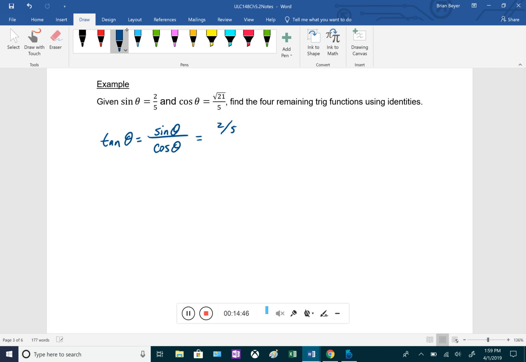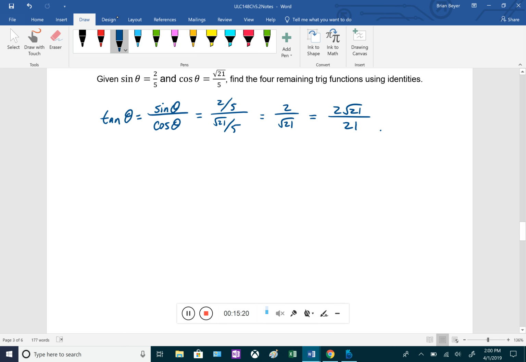So we can just plug in those values. It's 2/5 over radical 21 divided by 5. The 5s end up canceling. You could do this as keep, change, flip: keep the numerator the same, change to multiplication, reciprocate the denominator. We would end up getting 2 over radical 21. Rationalize that denominator, we get 2 radical 21 over 21.